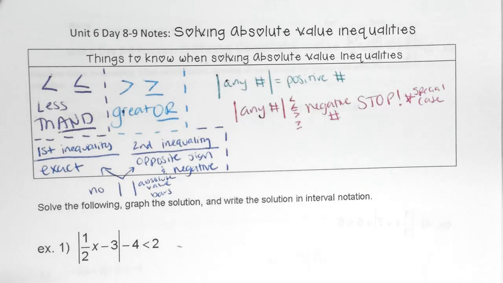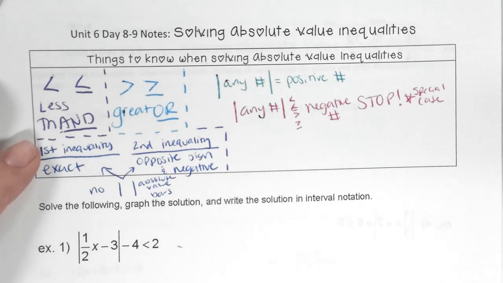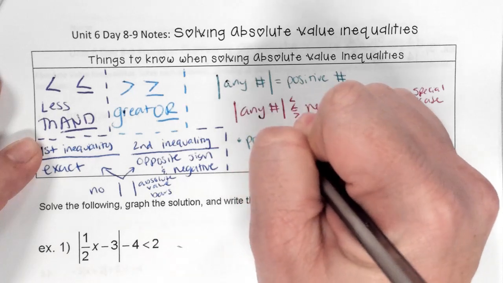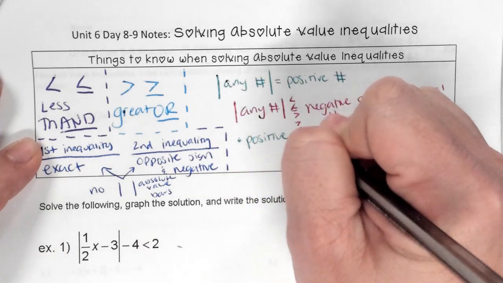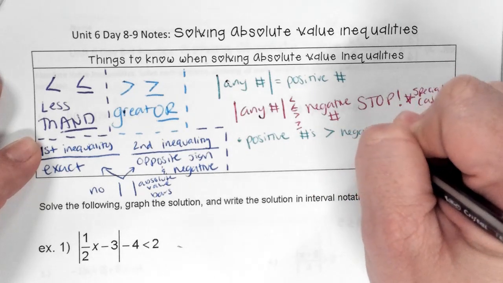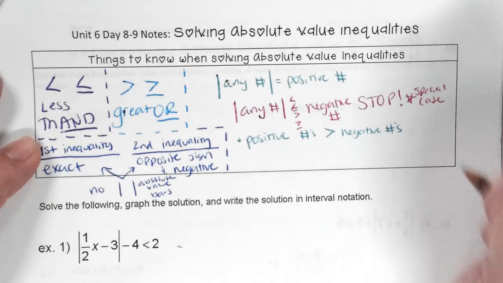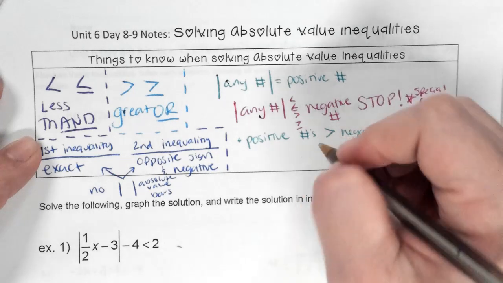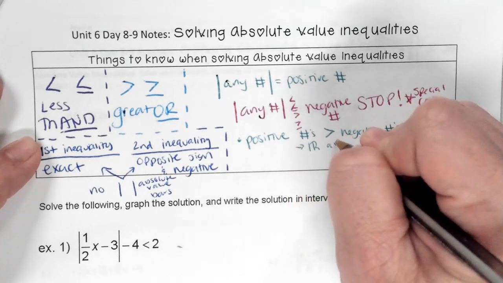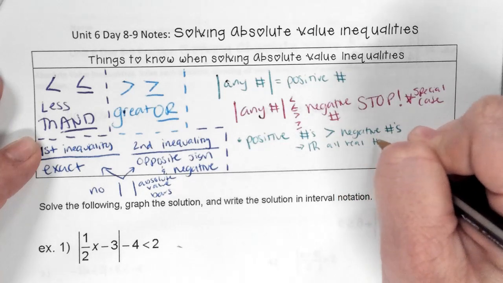We know that positive numbers are always greater than negative numbers. This will all make sense in a second when we get started. So if we get something like that, it's all real numbers, because this is always true.